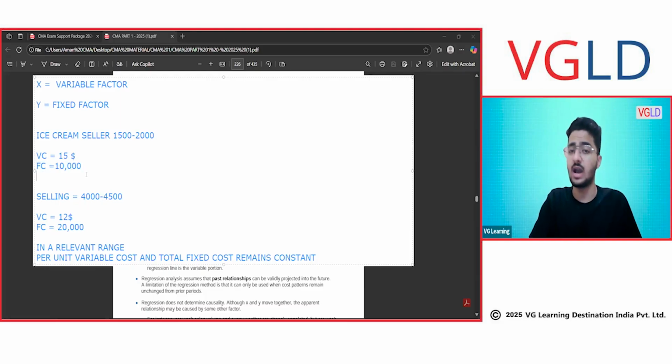Okay, but if I change from 2,000 to 4,000 ice creams, I will go to the vendor and ask him, bro, give me some discounts, right? So my variable cost is reduced, right? But under this 1,500 to 2,000 range, the cost was not changing. It was $15 only.